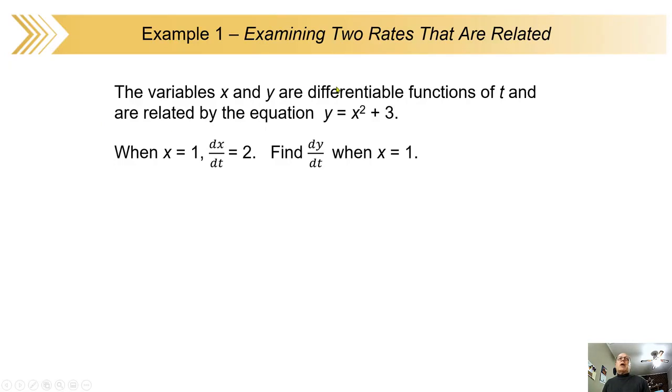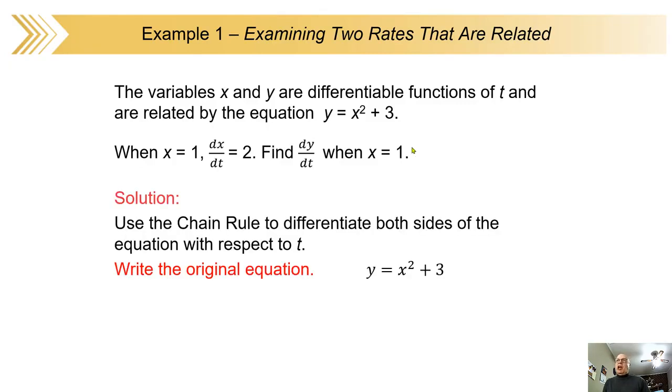And what we want is to find out what dy dt is. How is y changing when the x value is 1 and the x value is changing at a rate of 2 per second or 2 per minute or 2 per hour or whatever it is.